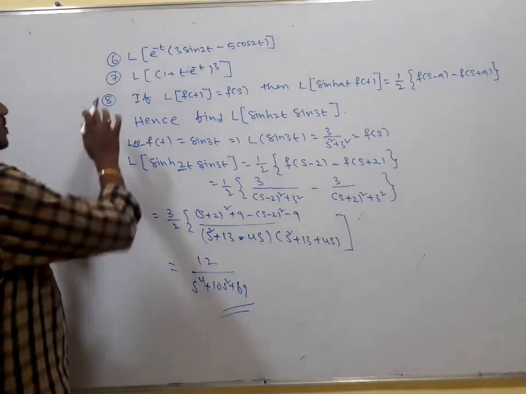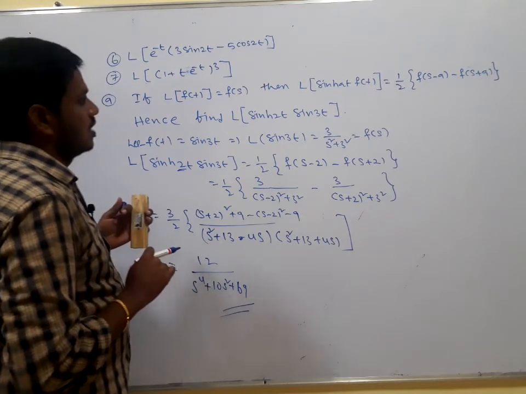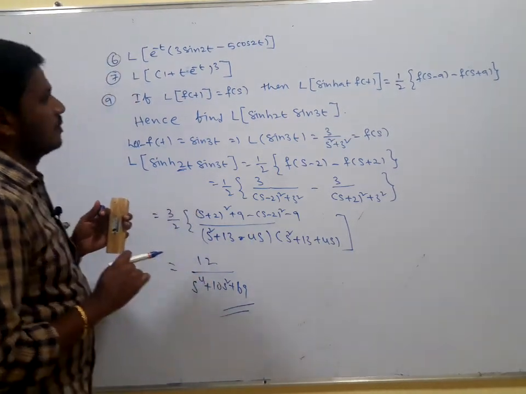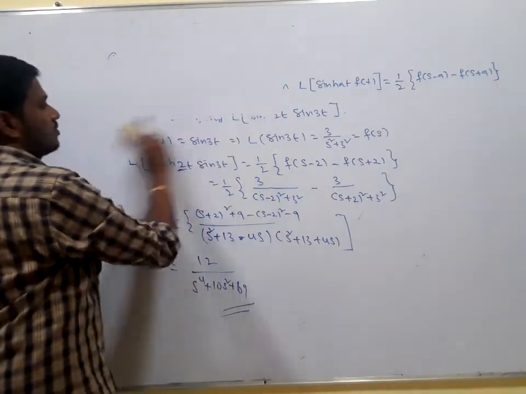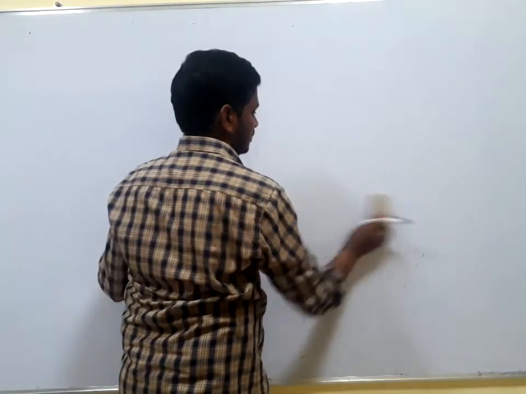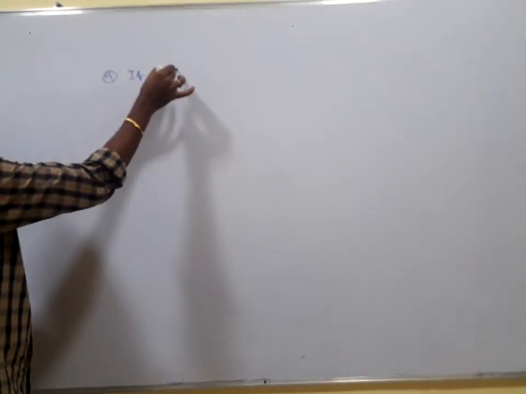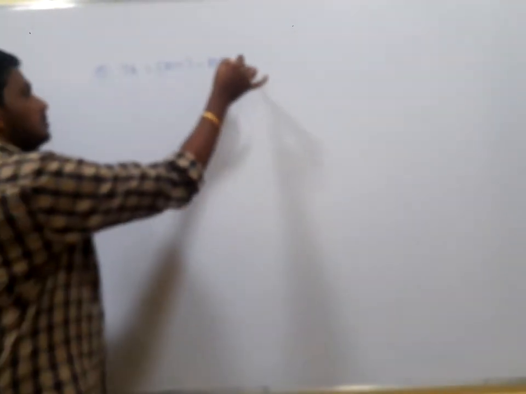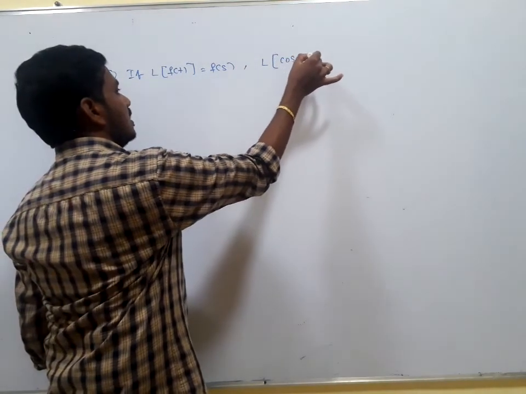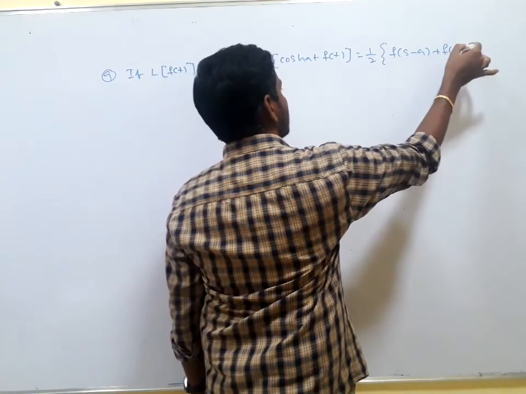Suppose we take another one in terms of cos, the ninth one: if L of f(t) = F(s), then the Laplace transform of cosh at into f(t) is equal to 1/2 into F(s − a) + F(s + a).